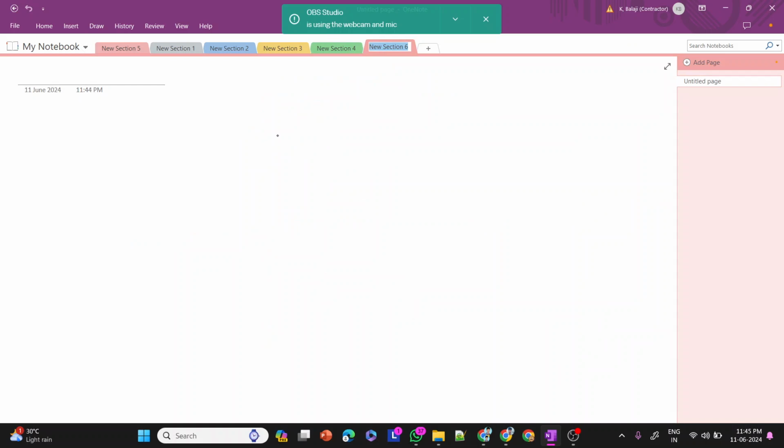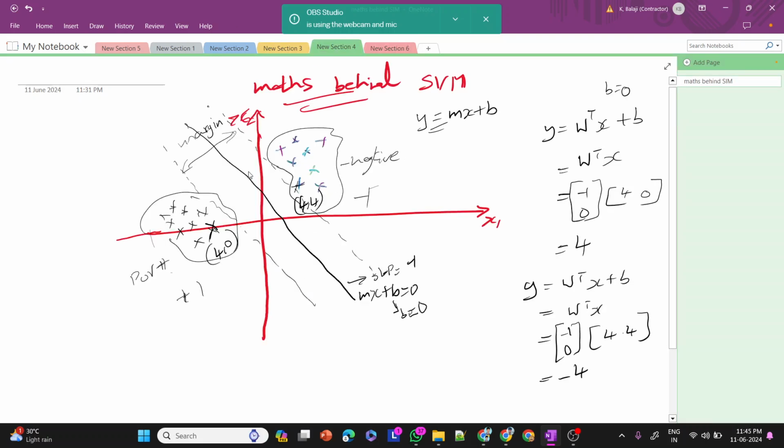Okay. For a positive value, we will get w transpose x1 plus b equal to minus 1, and for another group we will get it like this. In this example, this value is represented using this formula.